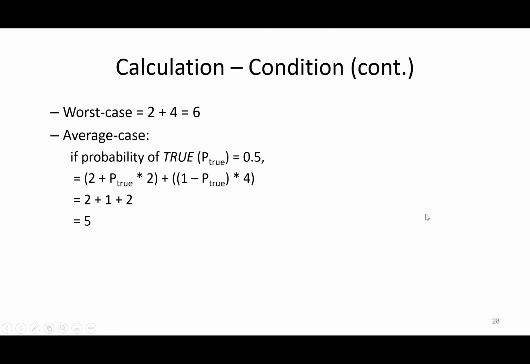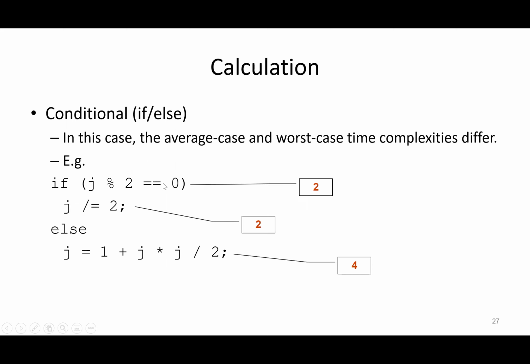For if else, your worst case and average case will be different. For example, what is the worst case? Remember, the worst case definition is that you need to execute the maximum number of operations. Based on this if else statement, the maximum is when you encounter the else part, because the else part takes 4 operations. It's like the true and the false.